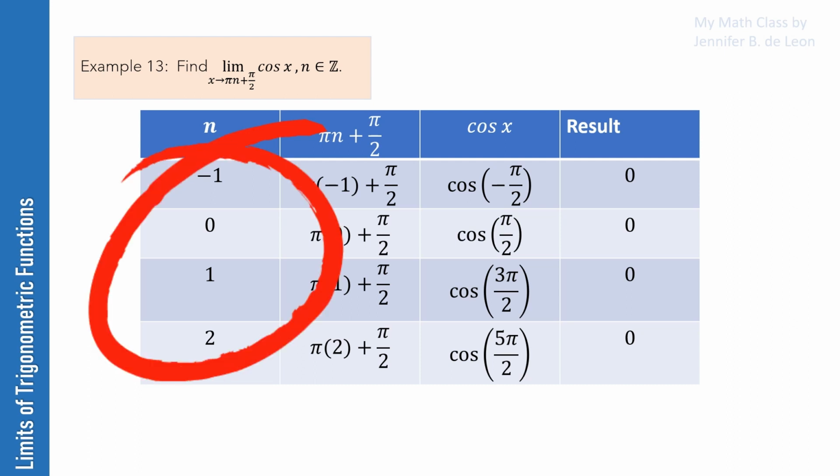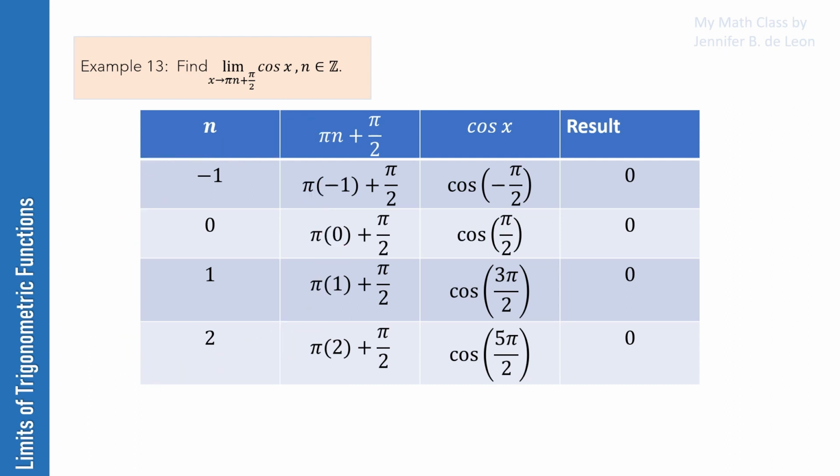Substituting the values of n into the expression pi n plus pi over 2, we will be able to get the value of x. For example, if we have n equals -1, we will have pi times -1 plus pi over 2. When simplified, this gives us negative pi over 2.